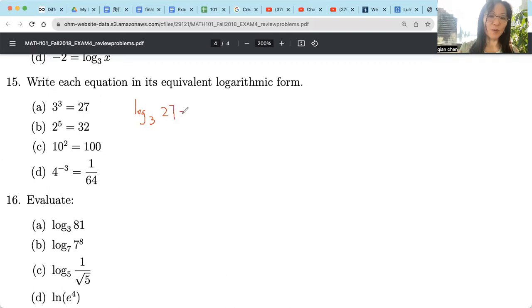Equals to the exponent of 3, which is 3. That's A. That's B. We write log first, log. What's the base? 2. What's the value? 32. What is the exponent of 2? 5.